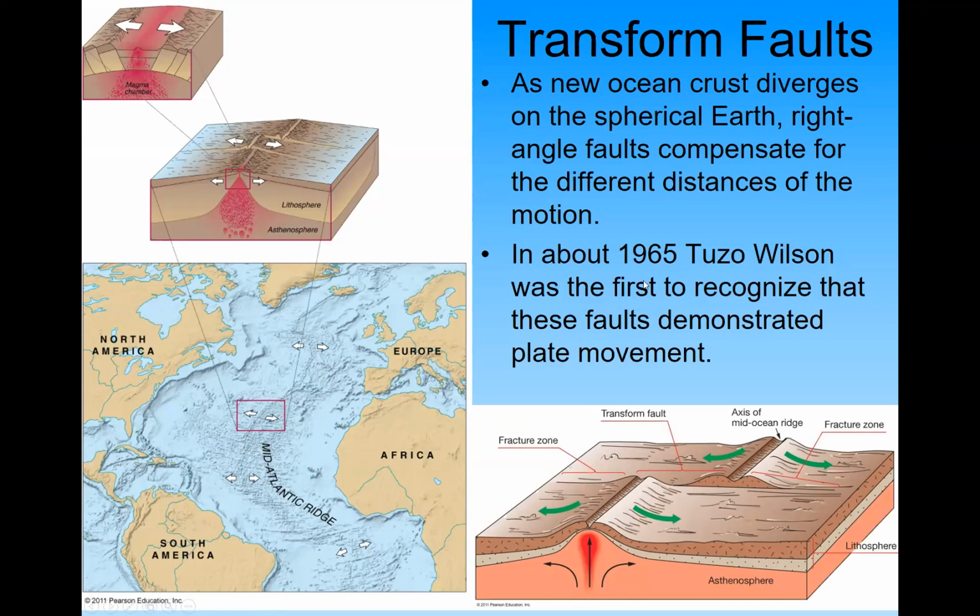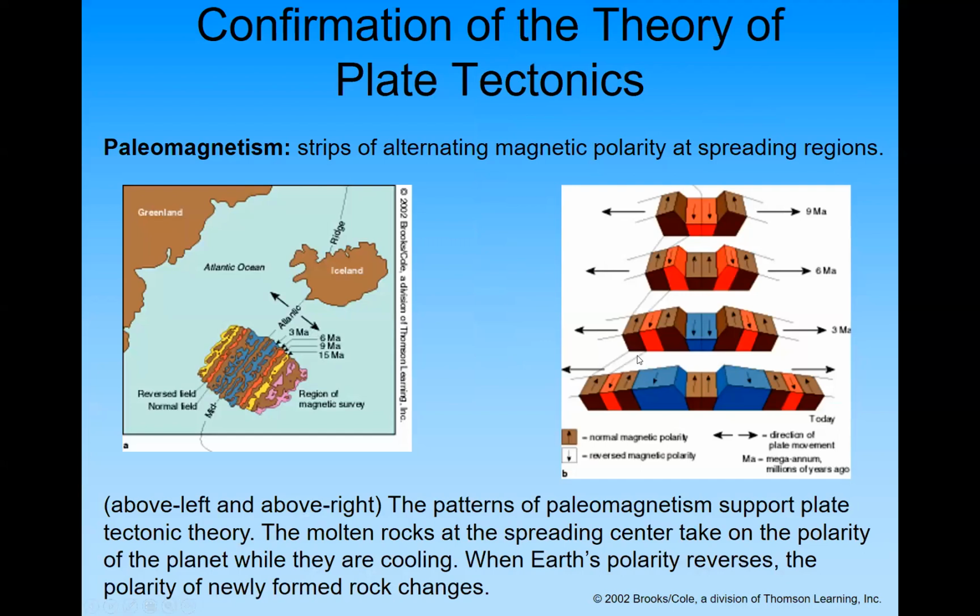And so Wilson looked at the same data that everyone else had, and said, well, okay, if we try to understand these in terms of this theory that I'm proposing, we can see that this is a confirmation of that.